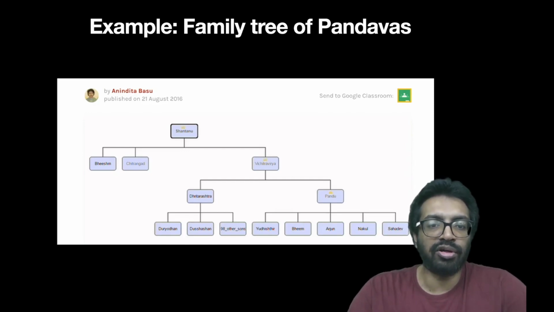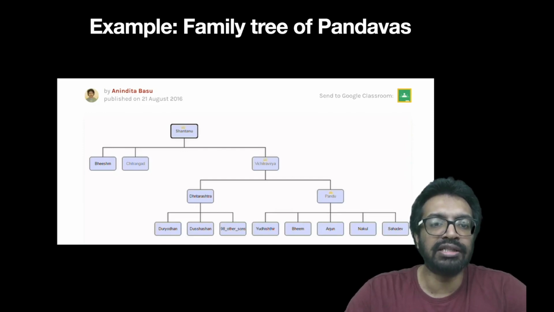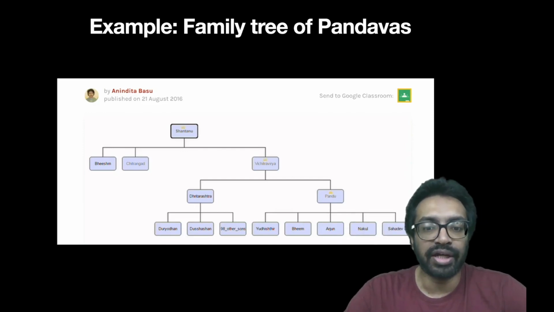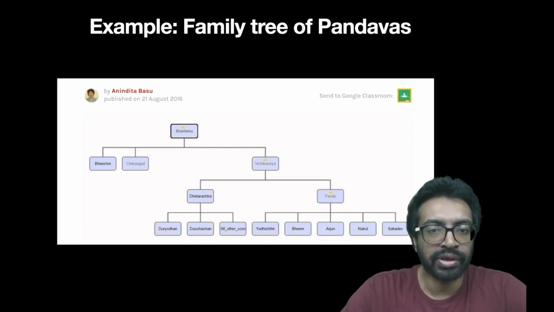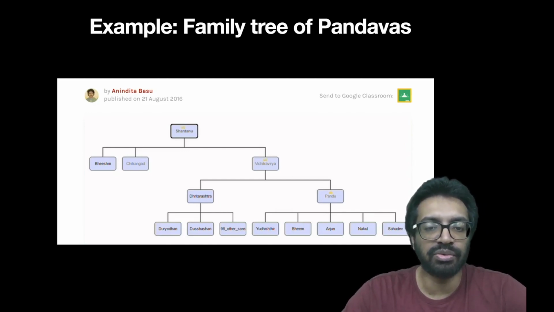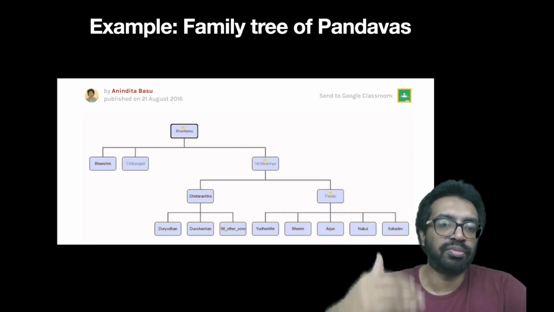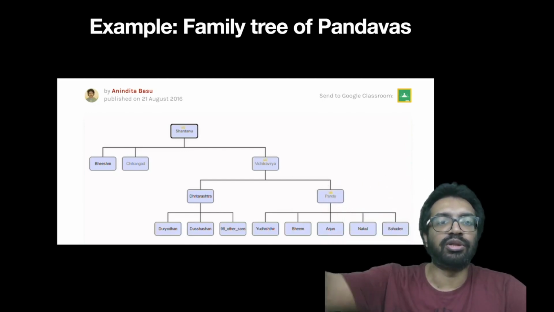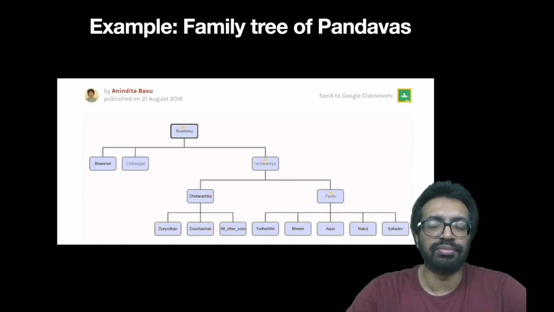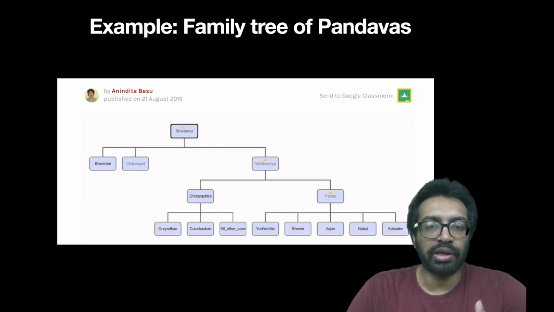Another terminology: the Pandavas, Yudhishthir, Bhim, etc., are descendants of Shantanu, whereas Shantanu is an ancestor of Arjuna. These are terminologies which we will soon see. In this example, the tree grows from top to bottom, right? The topmost node is the Shantanu node and it grows down.